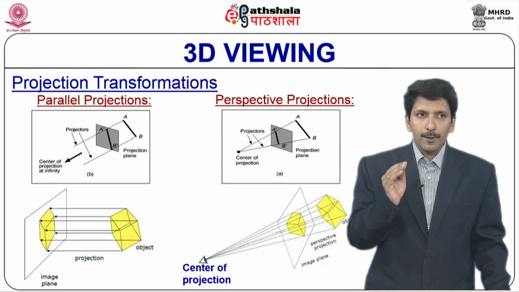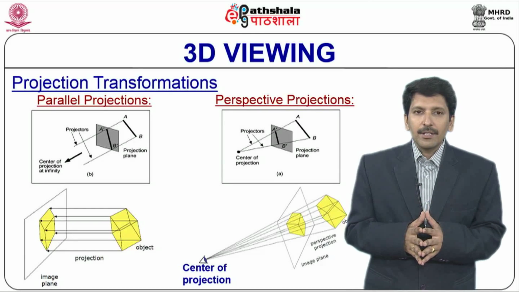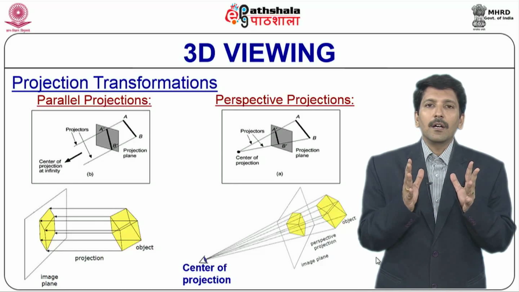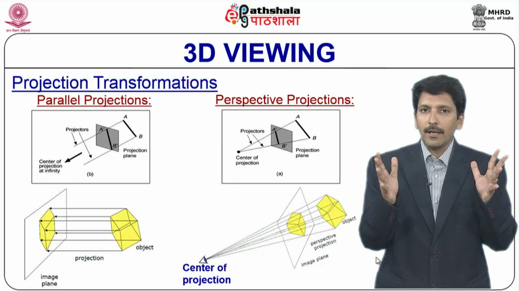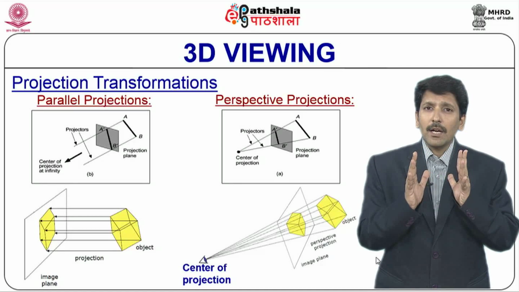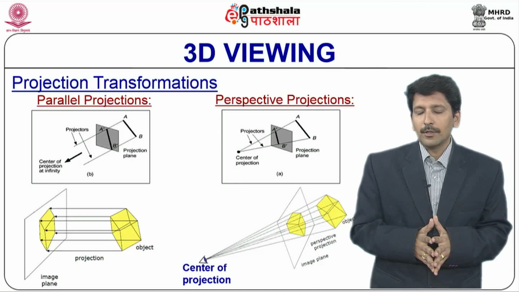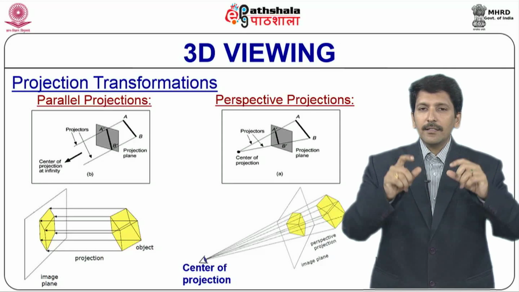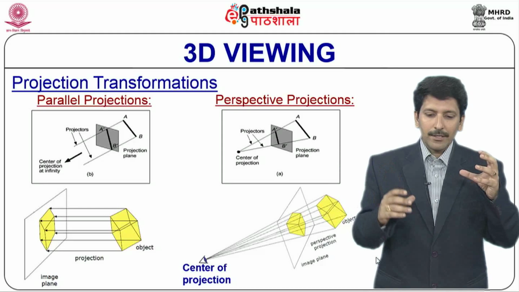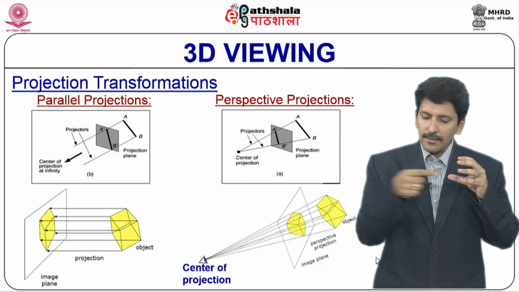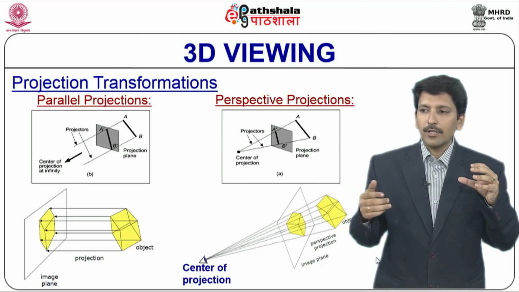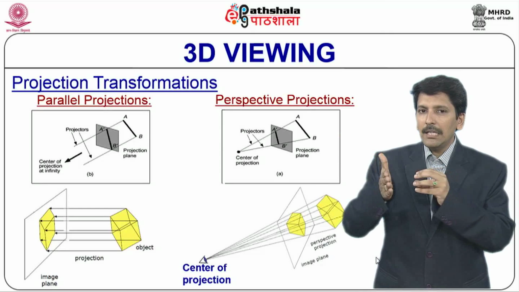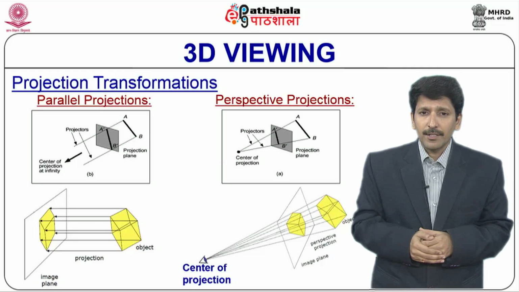So, what is parallel projection? Parallel projections are where an object is projected onto an imaginary 2D plane along lines which are parallel to each other. Imagine an object projected along lines, and these lines are parallel to each other, and you are projecting it onto a flat 2D plane. This is called parallel projection.